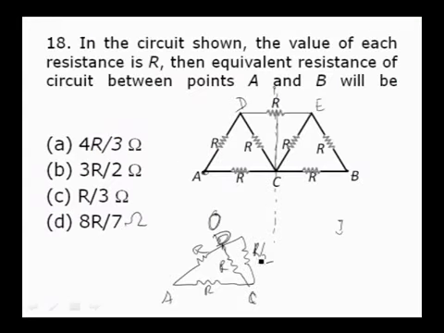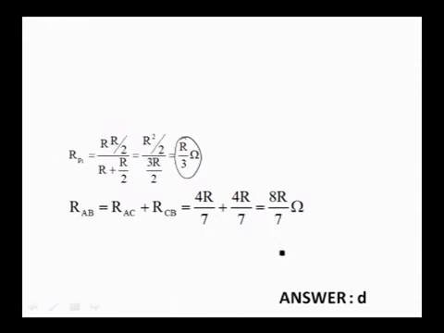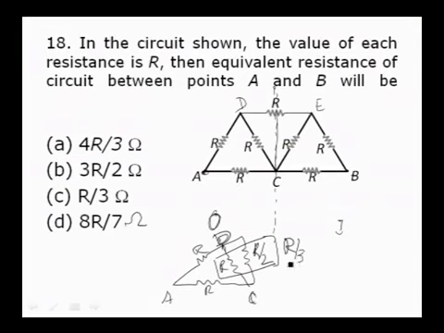It means that the effective resistance of these two is equal to R by 3 ohm. This is R and this is R by 3, they are in series. This is R and this is R by 2 in series, and we have this R like this.